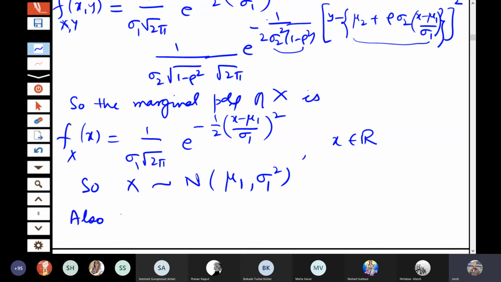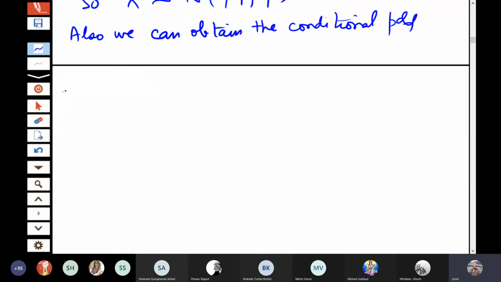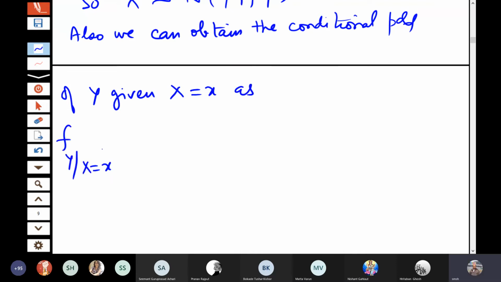Also we can get the conditional PDF of y given x, using whatever notation I defined in the last class.